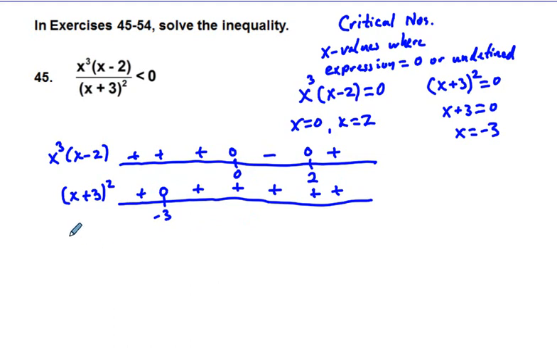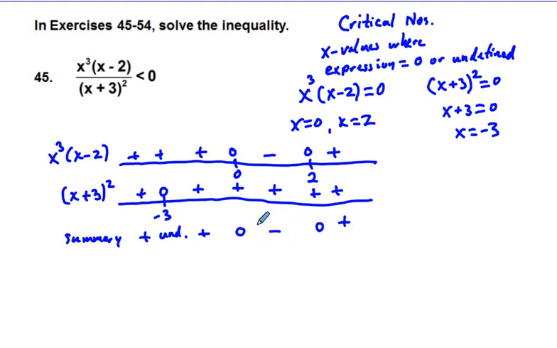So for our summary of the two number lines together, we're going to have first positive divided by positive, which is positive, and then positive divided by 0, which is undefined, and then positive divided by positive, which is positive, then 0 divided by positive, which is 0, then negative divided by positive, which is negative, then 0 divided by positive, which is 0, and then positive divided by positive, which is positive.